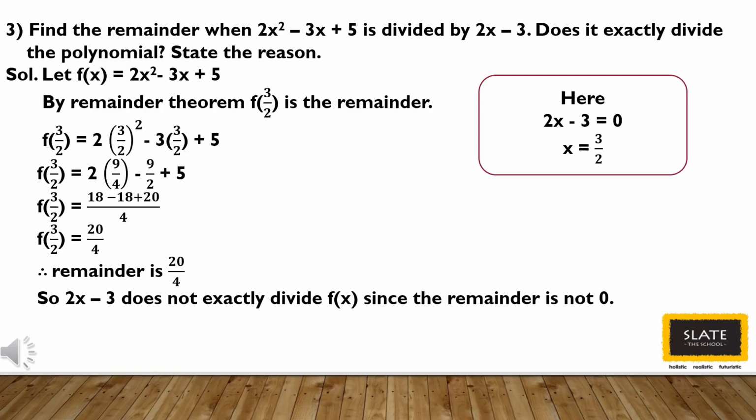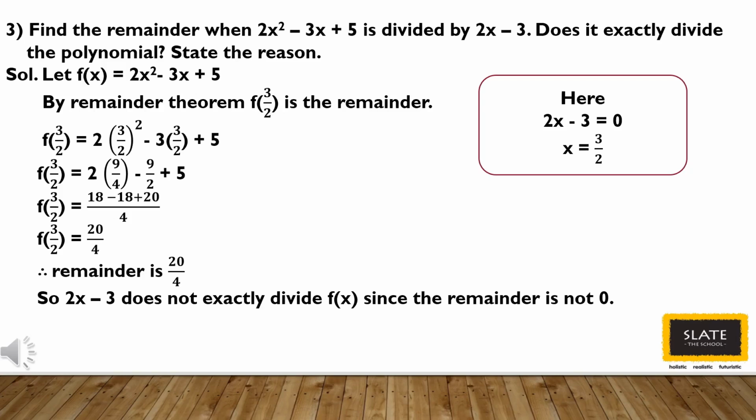Now, we need to find the remainder when f of x is divided by 2x minus 3. If the remainder is 0, then 2x minus 3 divides f of x. Else, it does not divide f of x exactly.